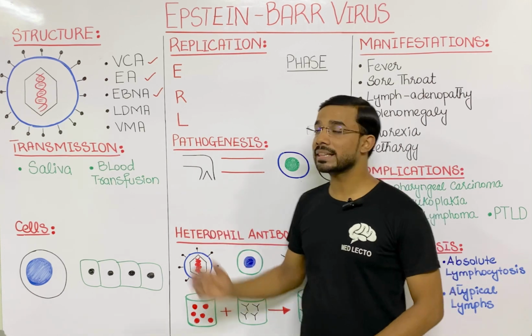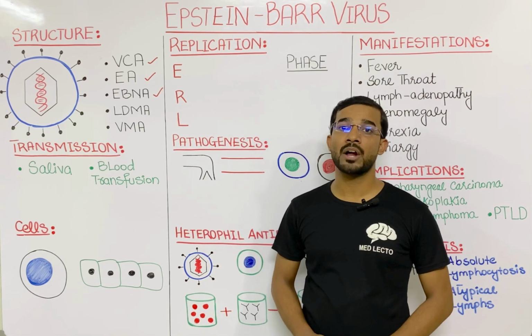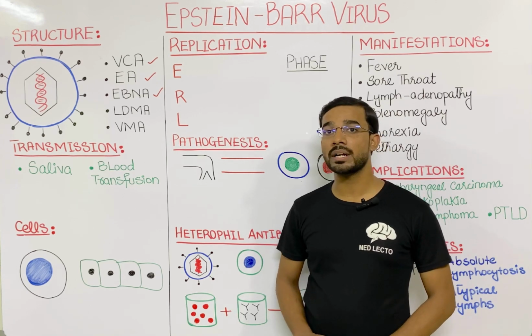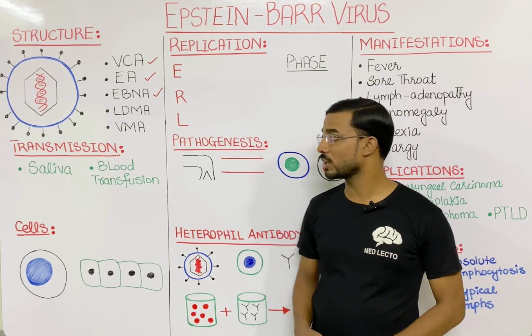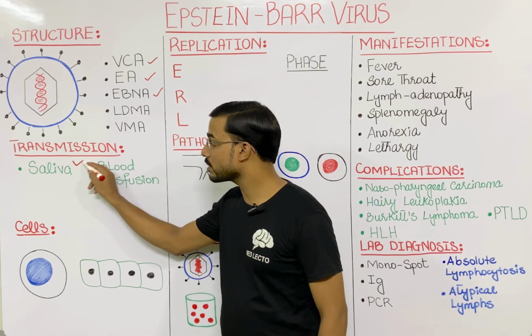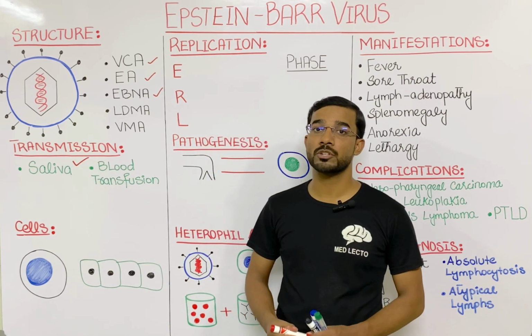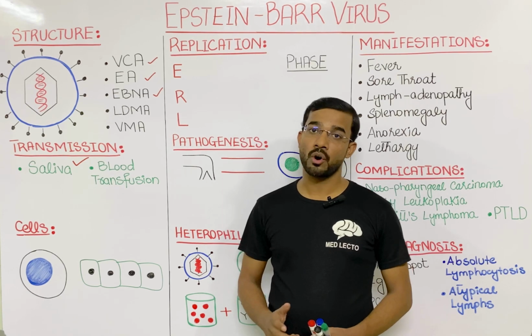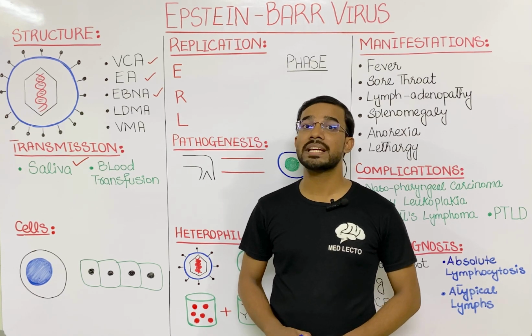Okay, if we look at the transmission, how does Epstein-Barr virus transmit from one person to another? The most important source of transmission is saliva. It transmits from one person to another through saliva, specifically during kissing. So we can also say that it is a kissing disease.